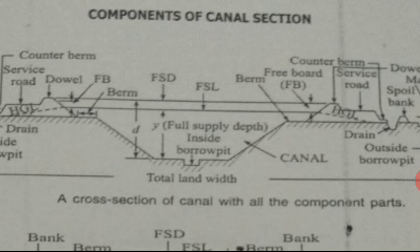No borrow pit or spoil banks are necessary to borrow extra earthwork or to deposit surplus earthwork. Such a section is called balanced section, and depth of such section is called balancing depth. Cost or volume of earth is balanced in this section. This balancing section is possible in partly cutting and partly filling. Such canal is the most economical.